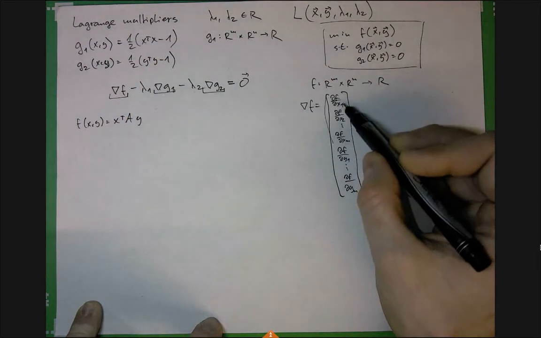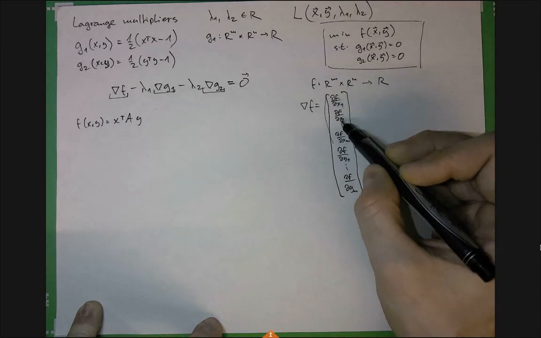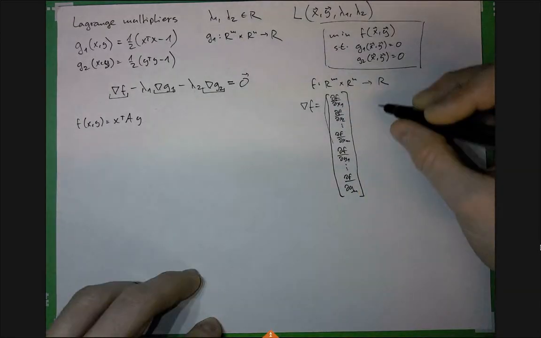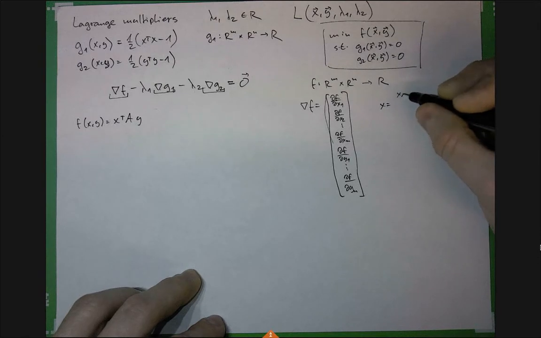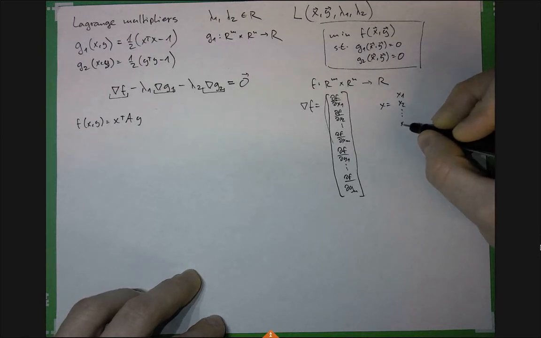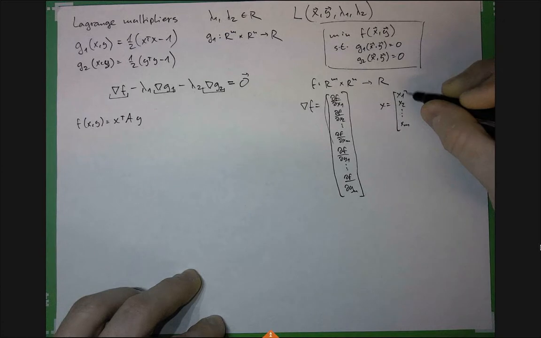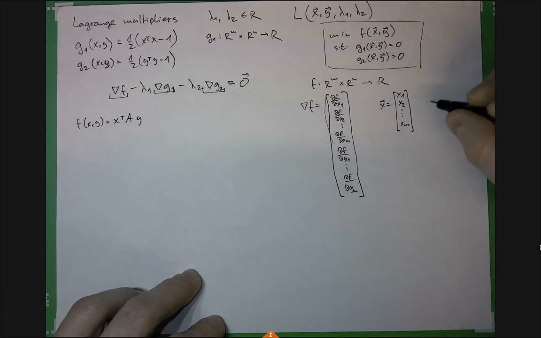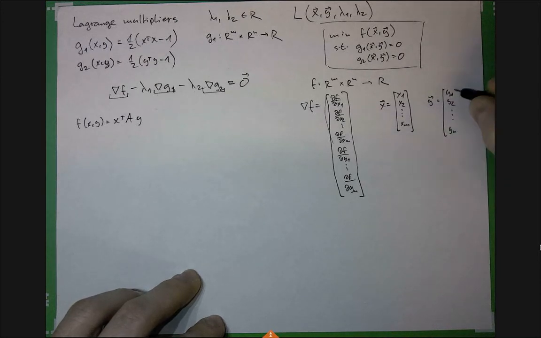Here the coordinates of x appear, so to make it super clear, x is x1, x2, and so on to xm, and y is y1, y2, and so on up to yn.